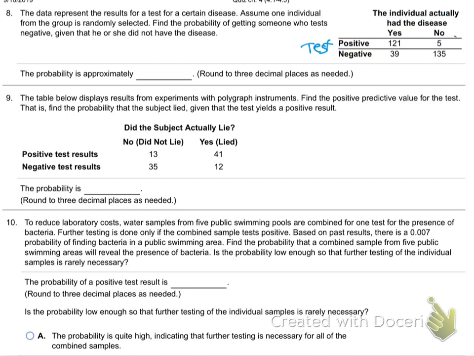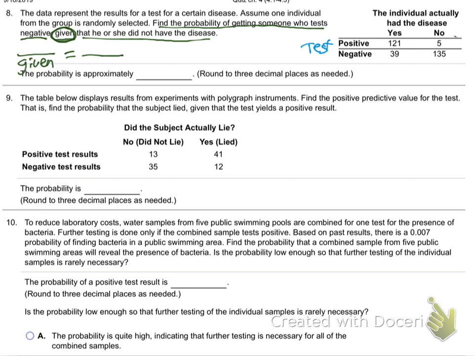What's the question? Find the probability of getting someone who tests negative, given that, given's a big word, he or she did not have the disease. Okay, so how do we do given probabilities? The denominator is always the given, because it limits what's possible.